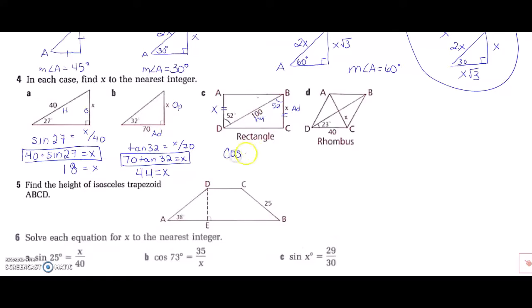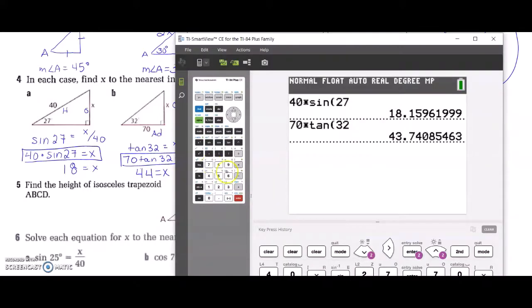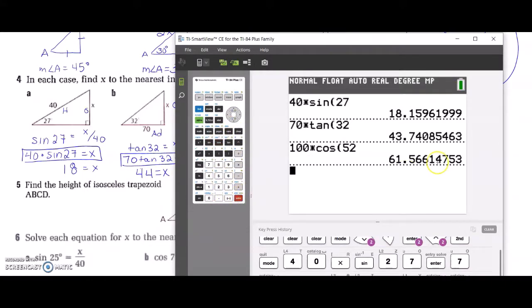So here we have a cosine of 52 degrees is equal to x divided by 100. So 100 times the cosine of 52 equals x. And there's my calculator ready form. And then I have 100 cosine 52, or 62.